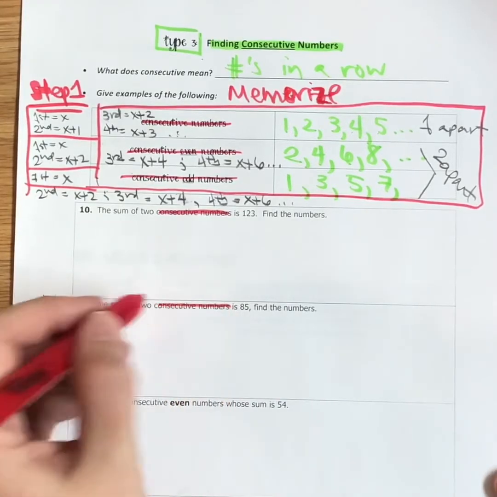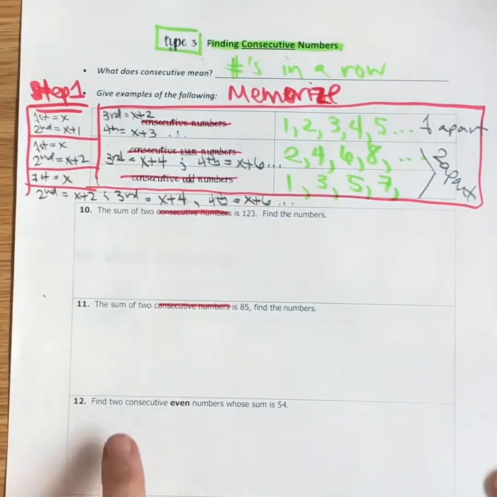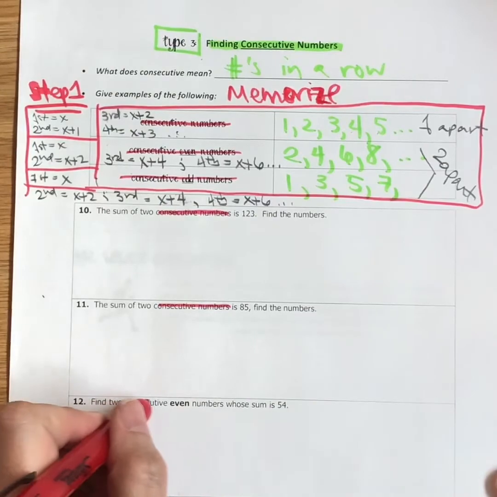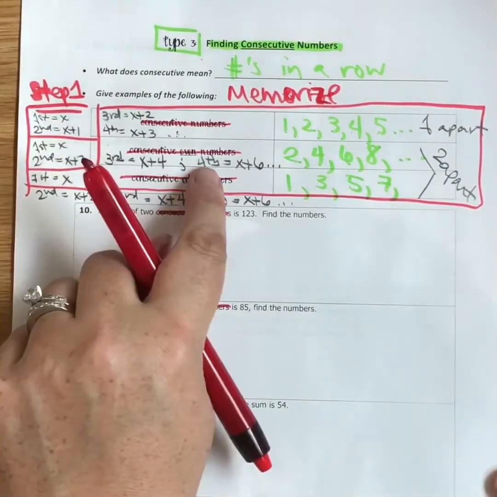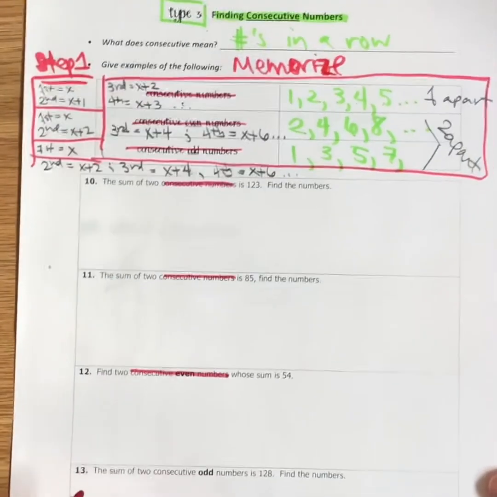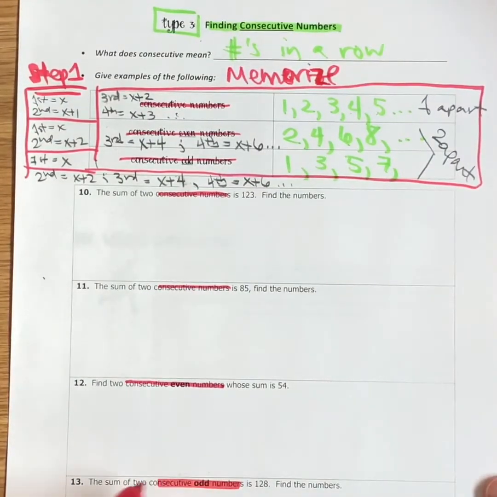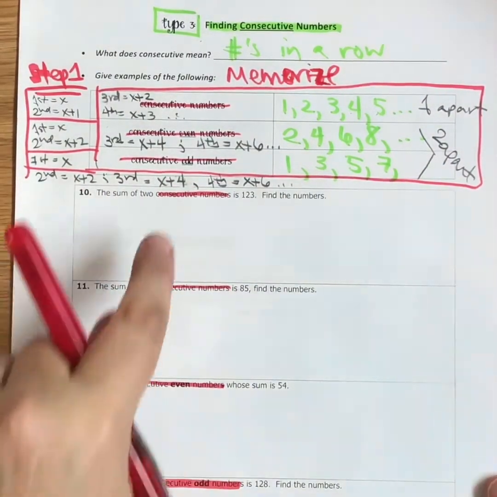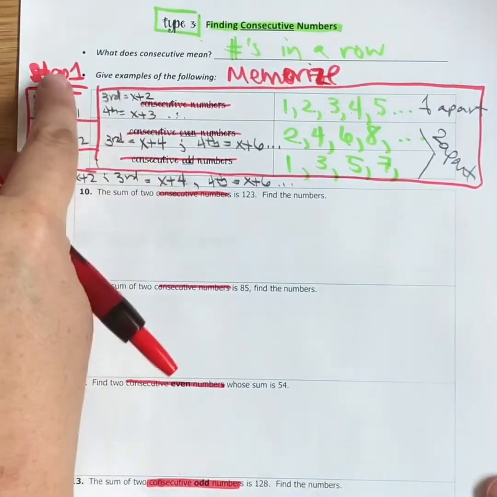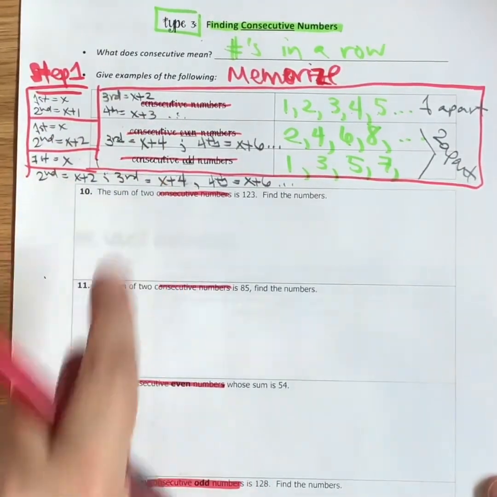Again, plain old consecutive numbers, it's going to be one of these. But notice number 12, it says consecutive even numbers. So our step 1 will be from these. Okay? And then if it says in number 13 consecutive odd, we're going to be using these for step 1.